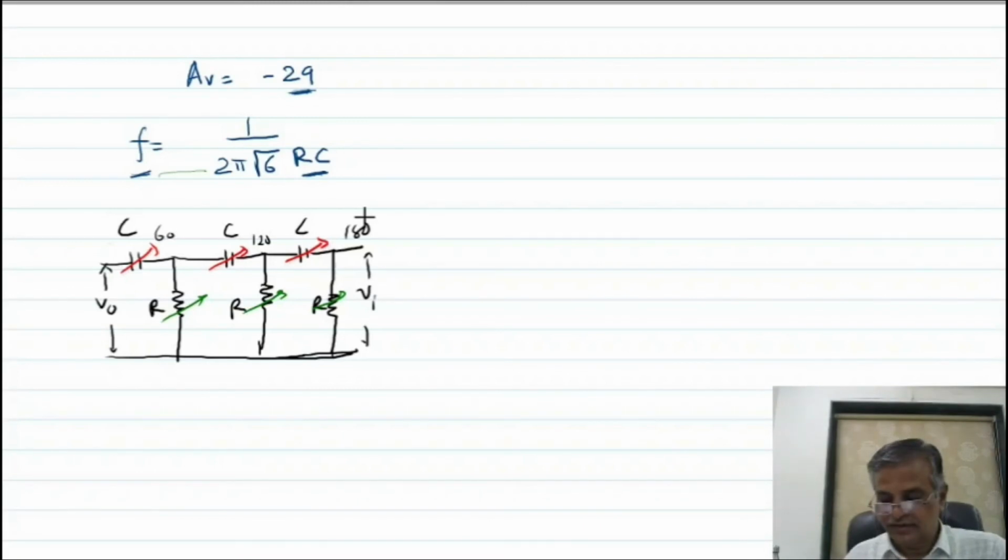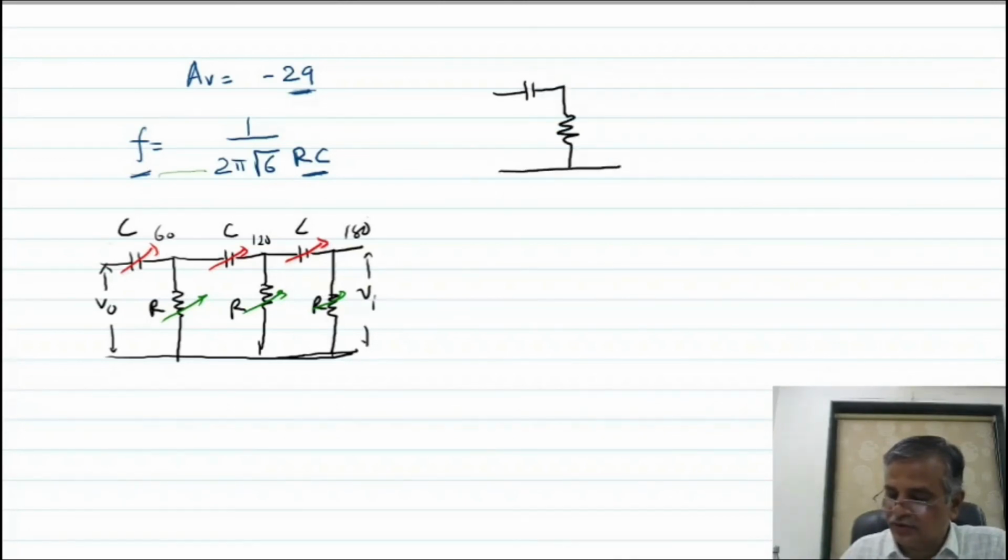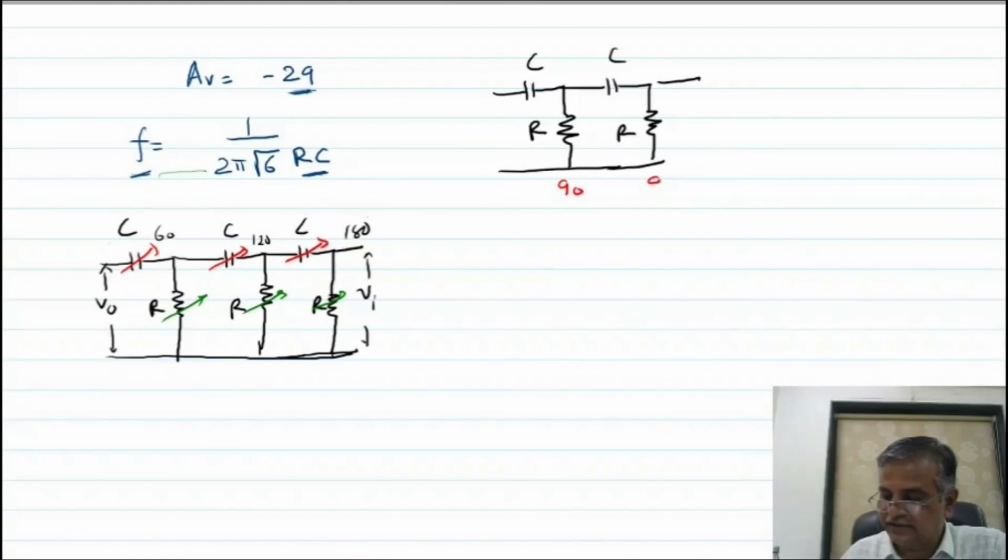Suppose you want to use 2 RC networks, then the 2 RC networks should produce 180 degree phase shift, meaning each RC network should produce 90 degree. Then the total will be 180 degree.